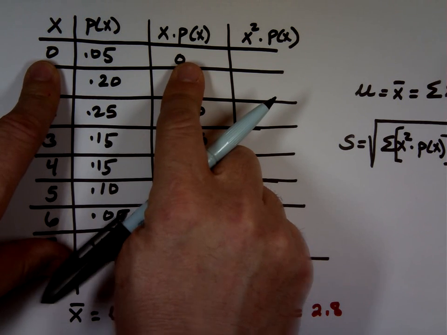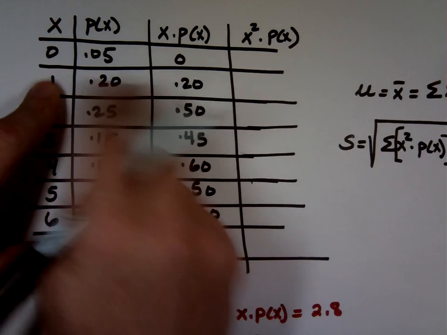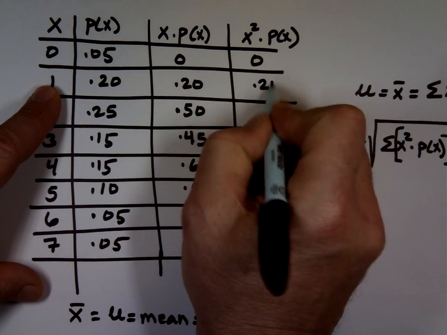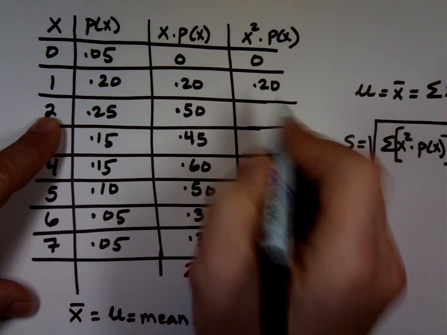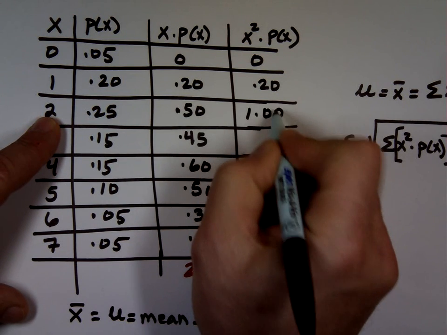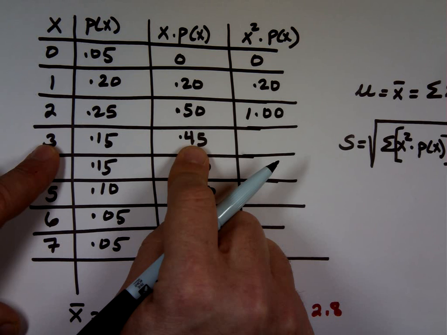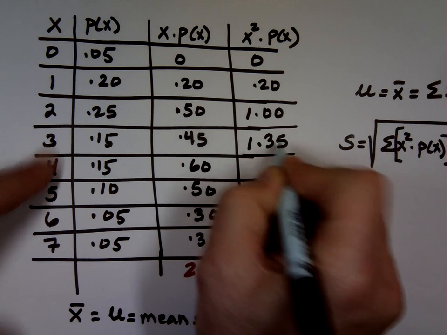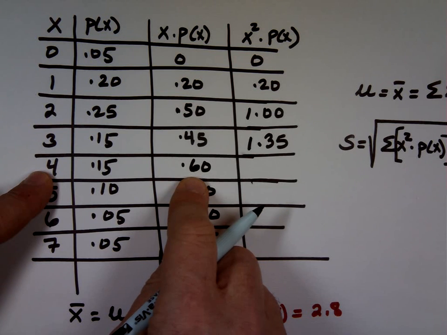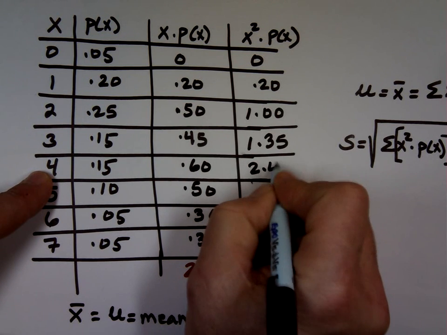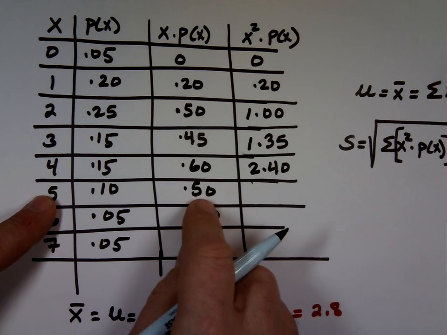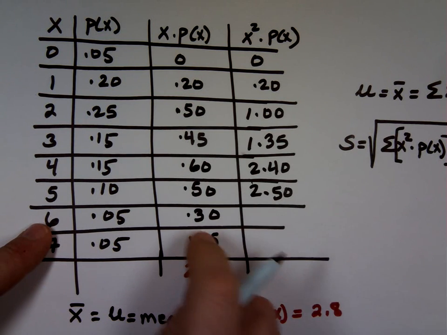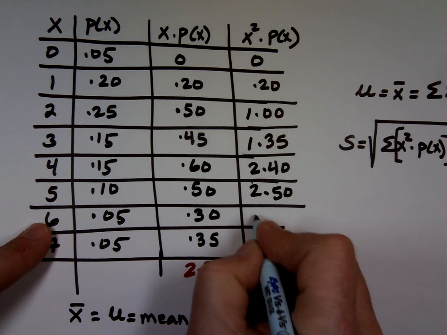if you multiply them, x times x P of x, x squared times the P of x, so 0 times 0 is 0. 1 times 0.2 is 0.20. 2 times 0.5 is 1.0. 3 times 0.45, what's that, 1.35? 4 times 0.6, 2.40. 5 times 0.5, 2.50. 6 times 0.3, 1.8.